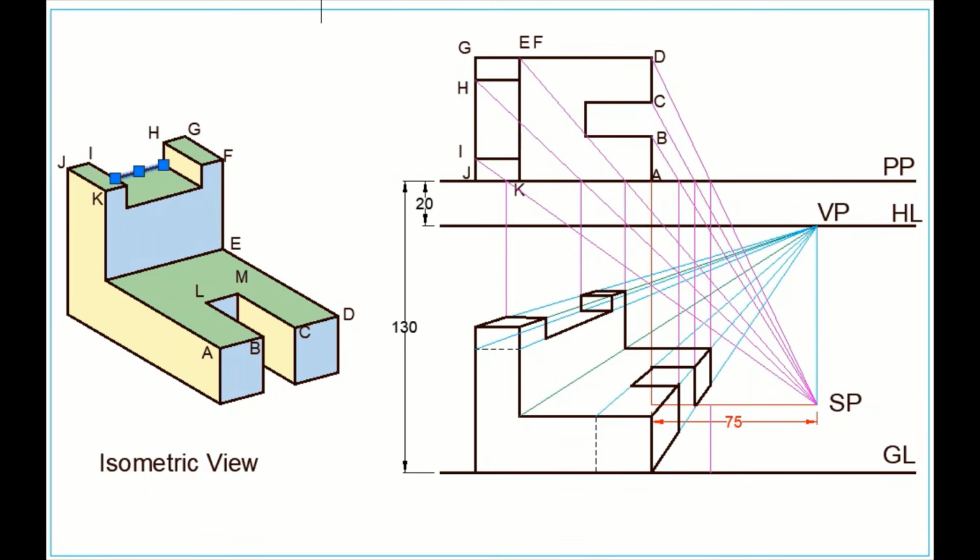This edge here is actually from this location to this location, but part of it will be trimmed because it is hidden. So that's it. Now we are just left with this edge.